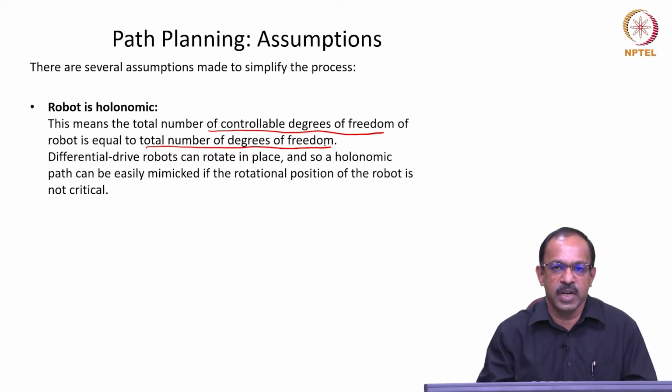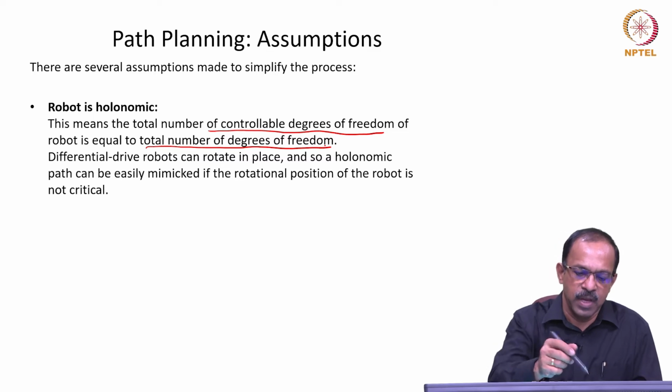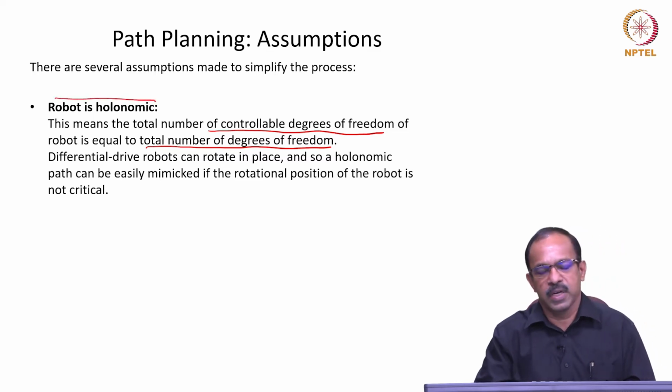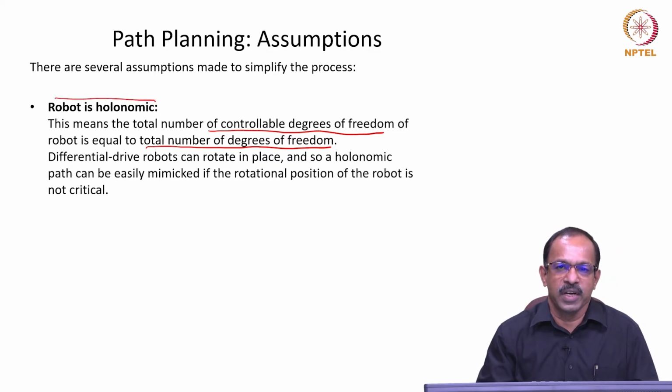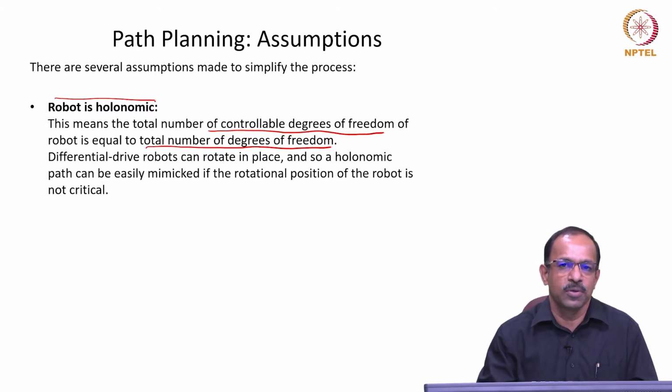All of them are independent and we can control them. That means the robot can turn at its own location, and it can move sideways whenever a lateral motion is needed. That is the assumption of holonomic.